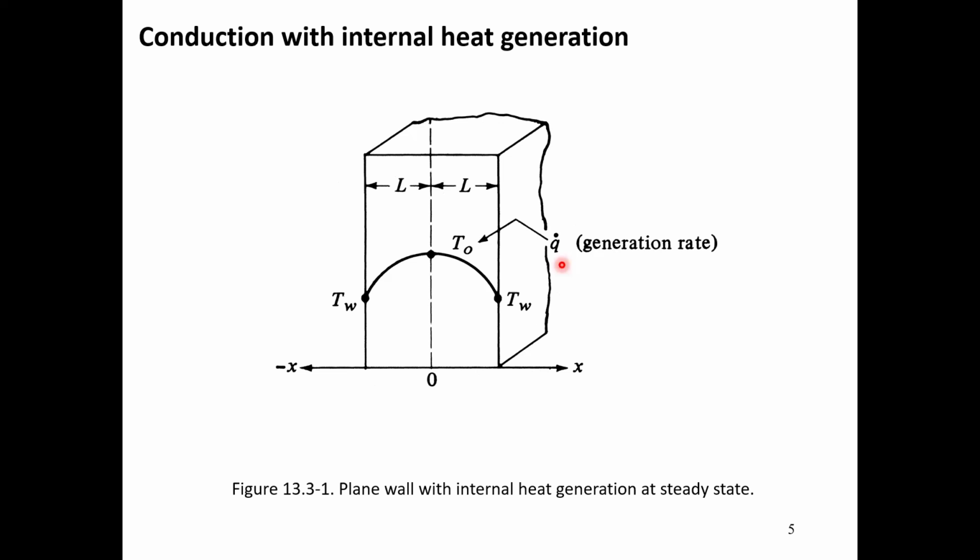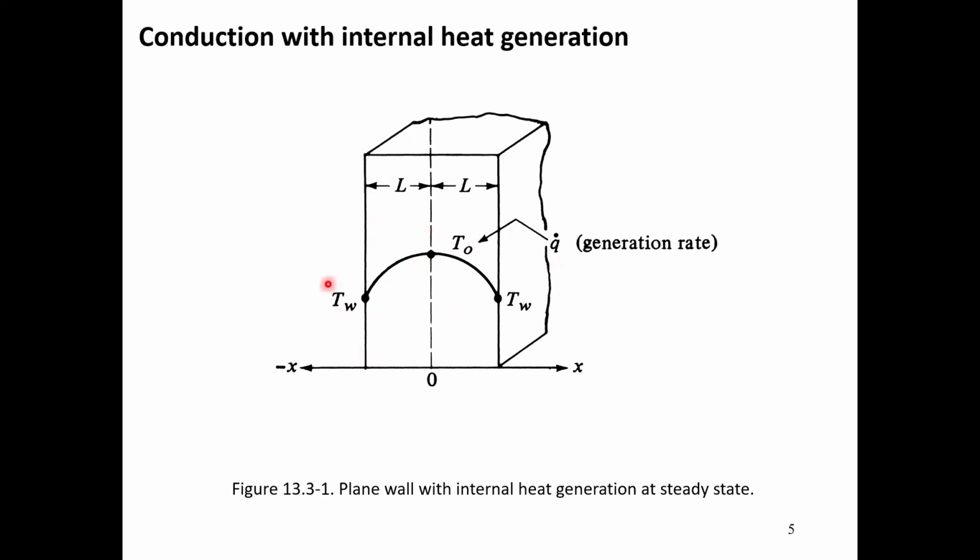Let's assume that at the end of the slab, or at the wall, the temperature is at T_w, a constant. We also know that the temperature at the center is T_0.